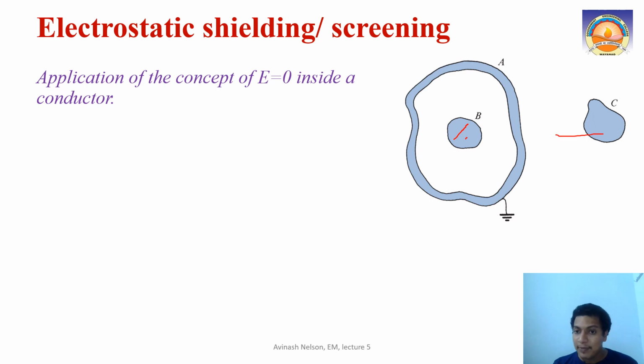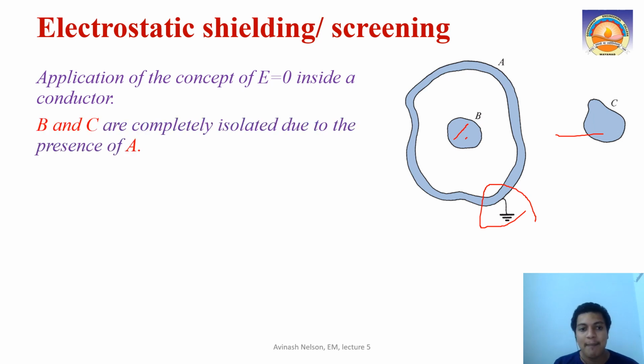But now since we have this A in between, and as you can see it is earthed, you have a boundary between C and B having this metallic part. Here you have a conductor, here a dielectric, again a conductor and dielectric. So B and C become completely isolated due to the presence of this A. Why? When you have this A, as you already know, the electric field inside is 0.